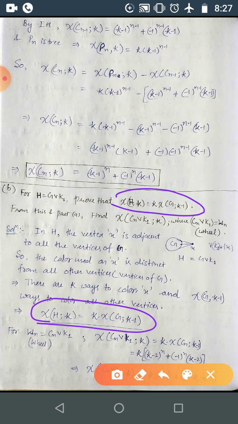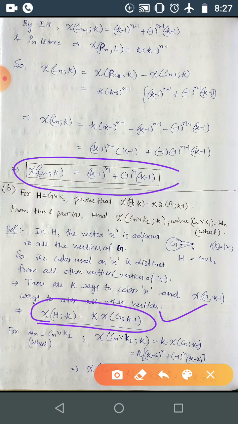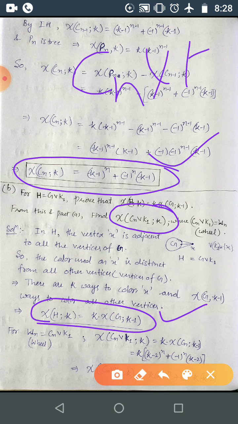Now you need to use this result, and the result from part A, to compute the chromatic polynomial of Cn join K1, correct? When Cn is joined with K1, this is also known as a wheel, okay?